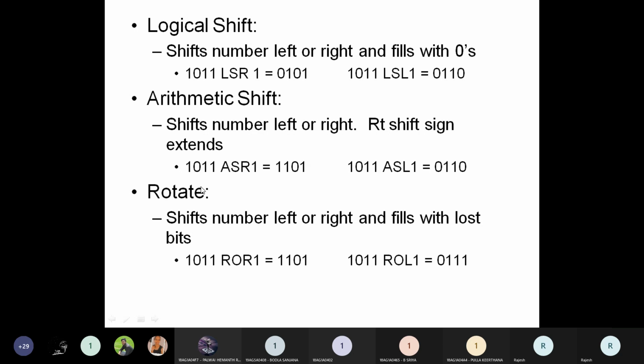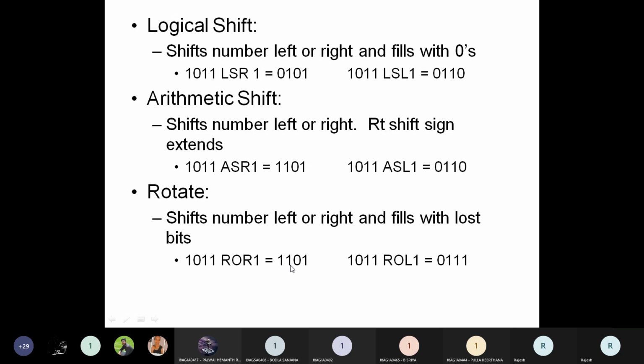And next we are doing a rotate operation. This logical shift, arithmetic shift and rotate all come under shifting operations. So when you do rotate, whatever the last bit was in the earlier 3 cases, that is placed in either the MSB or LSB. So if you see 1011 rotate right, first 3 bits 101 are moved to the right side.